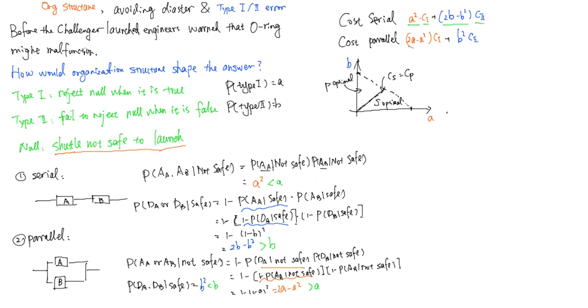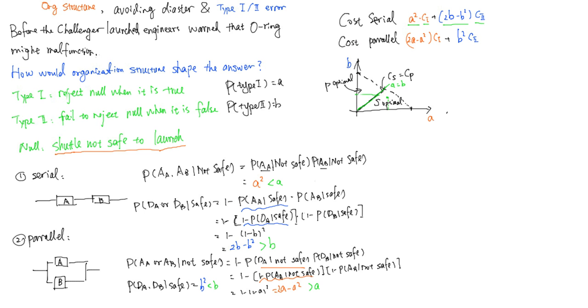And in the case of identical cost of type 1 and type 2 error, it's easy to prove that this line will be just the line where probability A equals probability B. So any point here means that A is larger than B, so this is more likely to commit a type 1 error.